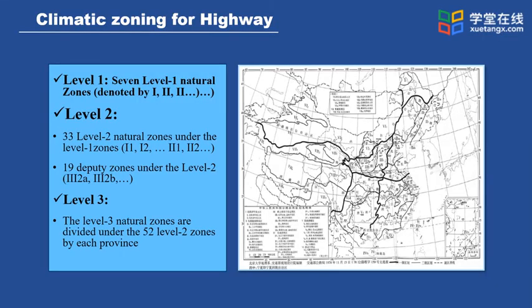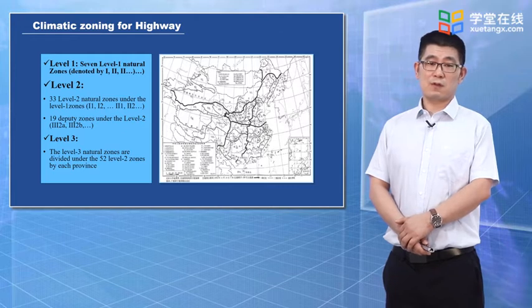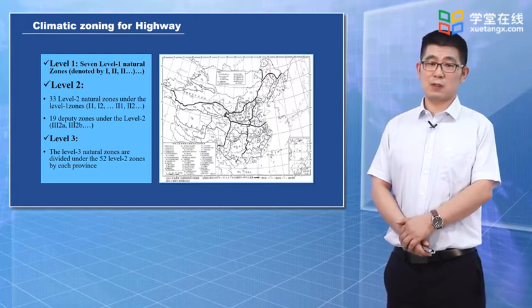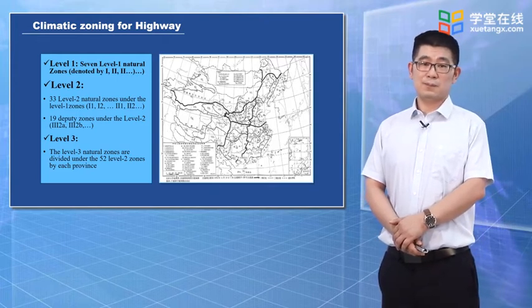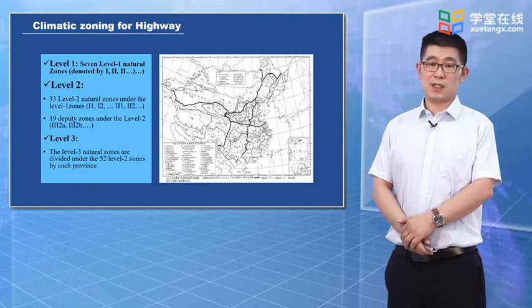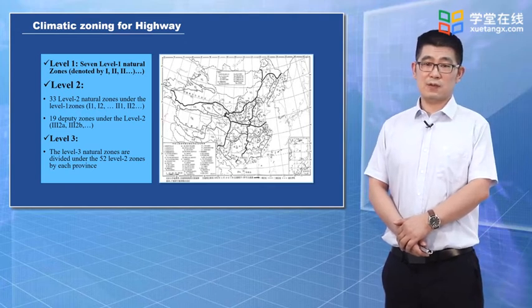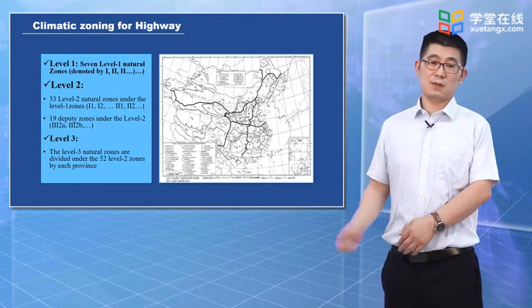In order to quantify the environmental effects, the standard of climatic zoning for highway was developed and took effect on January 1st in 1987. According to the standard, the entire country is divided into 7 level 1 natural zones, which are denoted by 1, 2, 3.